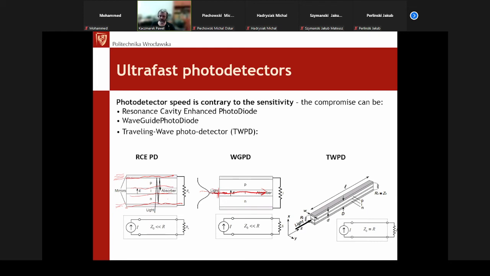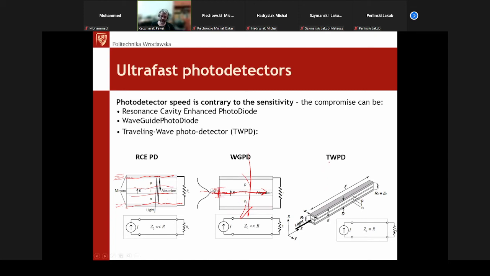So we don't need a big absorbing layer in this direction, and we can also have quite high absorption coefficients and increase the bandwidth of operation for such a photodetector.